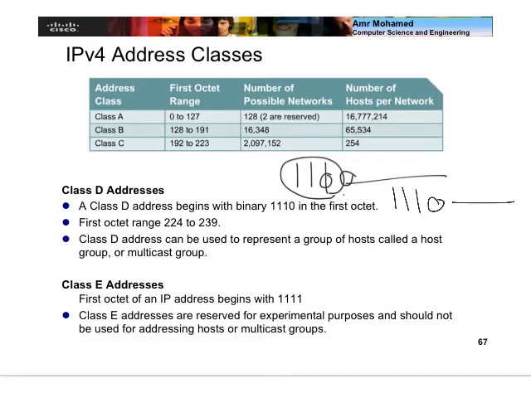So how many host addresses do you have? 32 minus 4 is 2 to the power 28 different hosts allocated for class D. We have class E as well. Class E is 1111 and then anything else. Class E addresses are reserved for experimental purposes. Again, D and E, we're not going to use them that much. We are going to use A, B, and C classes a lot.